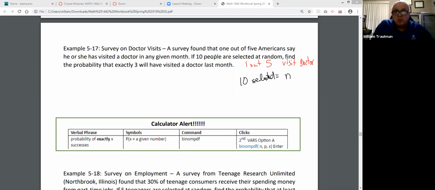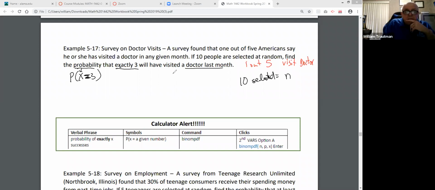That's the number of people we're picking. Find the probability that exactly 3. Exactly means equals, that X equals 3. The number of successes equals 3. The probability that exactly 3 visited a doctor.